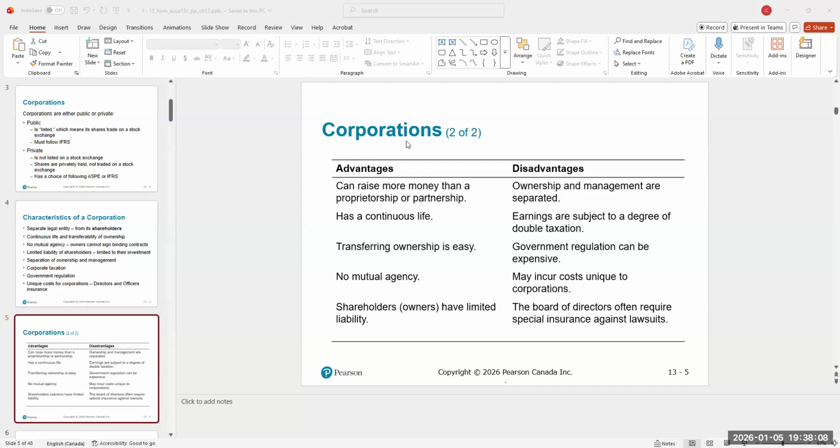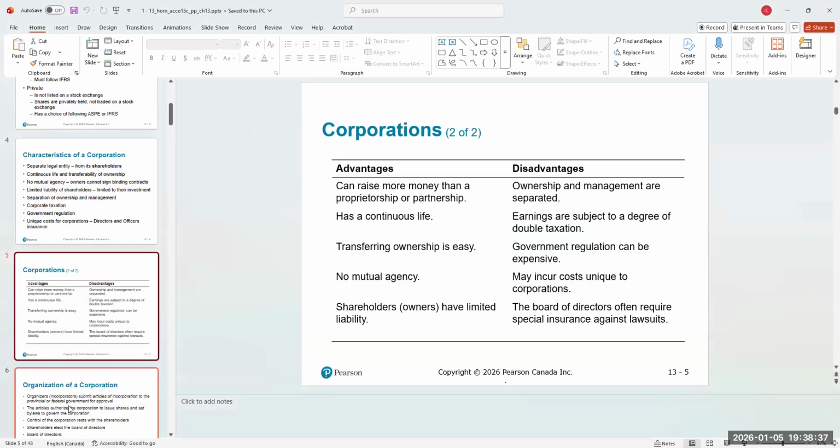Government regulation can be very expensive to comply with. Things may happen which are very unique to the corporation. Boards of directors often require special insurance against lawsuits. Again, if you have a corporation and decide to go big the first time, the first thing you have to do is get insurance.